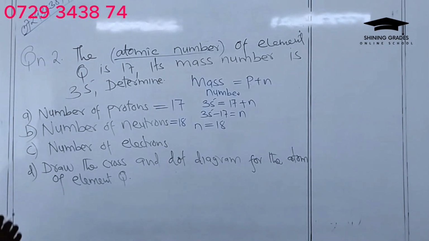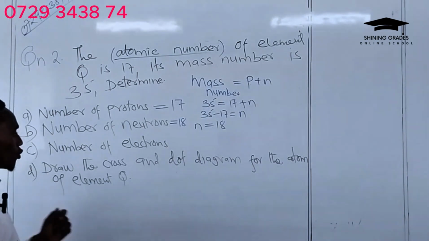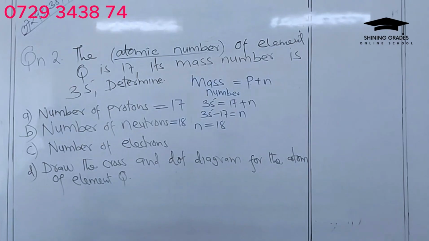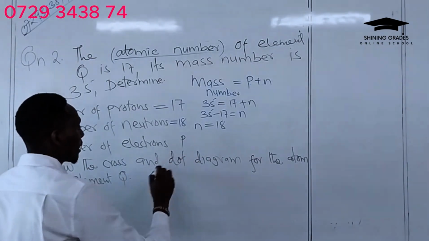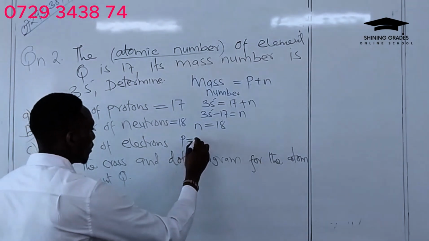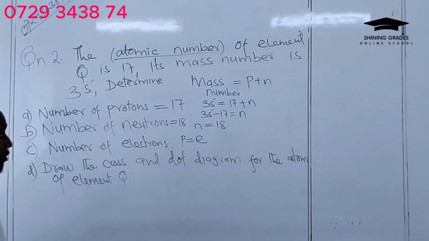Next, we determine the number of electrons. How do we determine the number of electrons in an atom? The number of protons in an atom is always equal to the number of electrons.